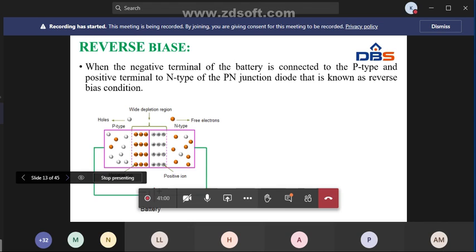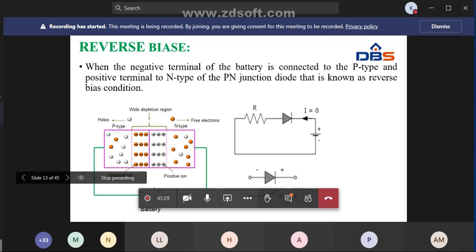So if you see the reverse bias, if you compare the forward bias and reverse bias, here the negative terminal of the battery is connected to P-type and the positive terminal of the battery is connected to N-type. That is called reverse bias condition.